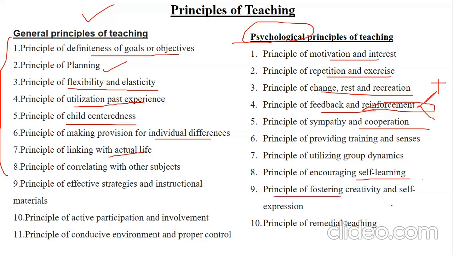Principle of fostering creativity and self-expression, to bring innovation and self-expression, and remedial teaching, very very important. This will help the child as well as the teacher to understand the root cause of the problem and to solve it.